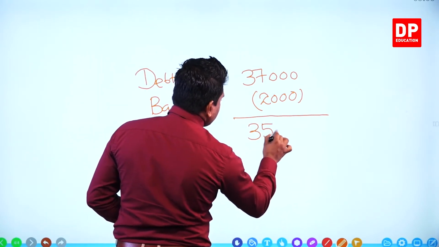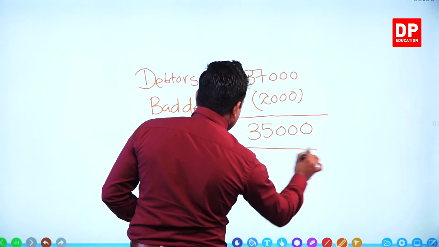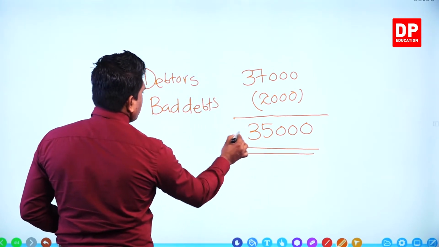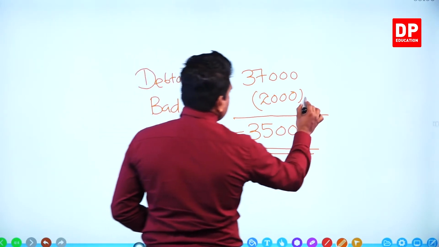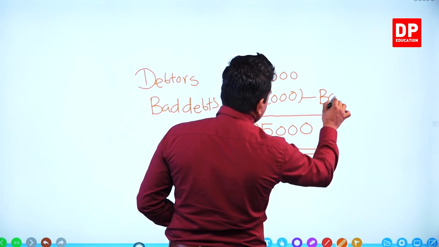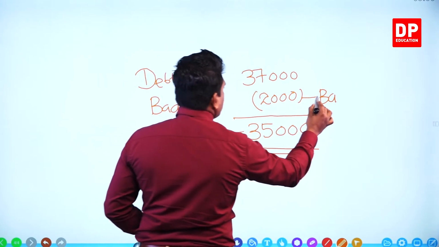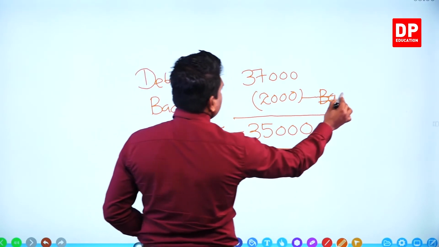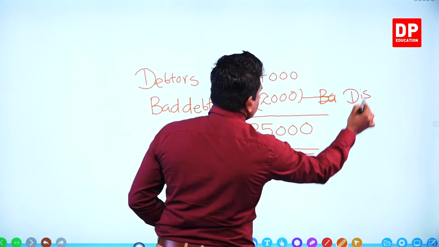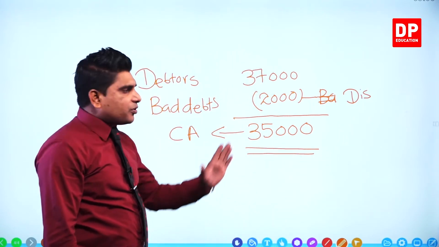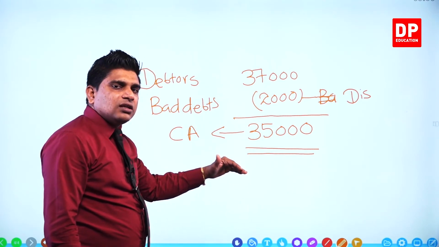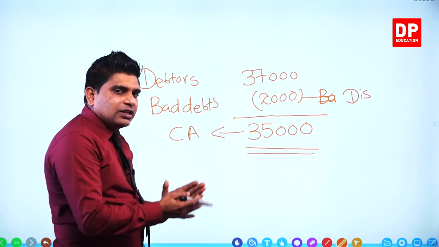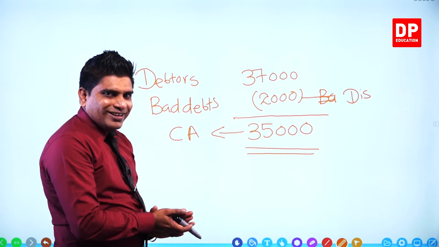Tell me the real debtor value now, how much? Real debtors, this one, 35,000. It goes under the current assets. What is this? This is bad debts. Where do we write bad debts? Under the distributing expense. You write down these workings under the answer, right?